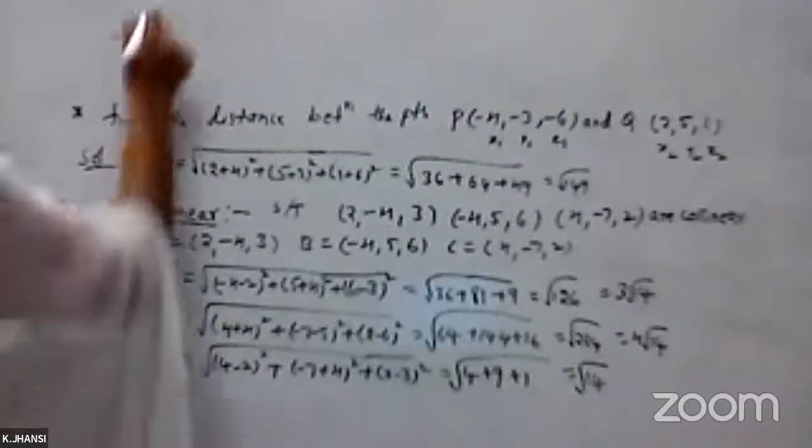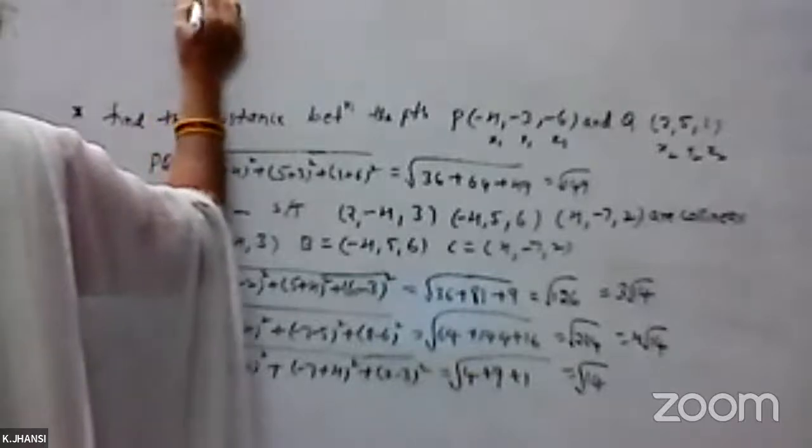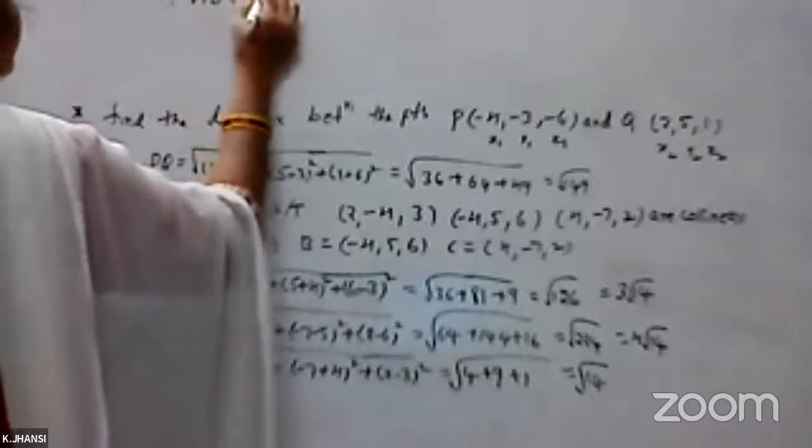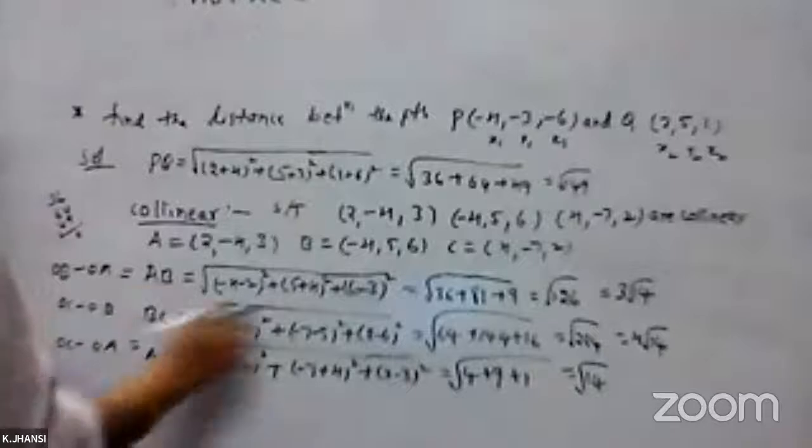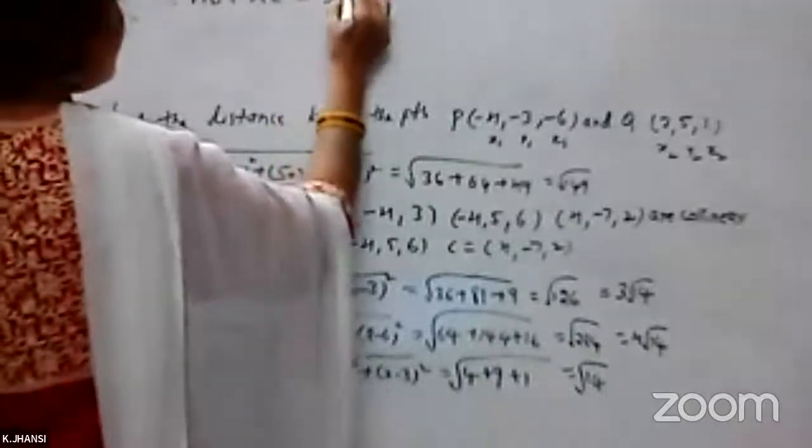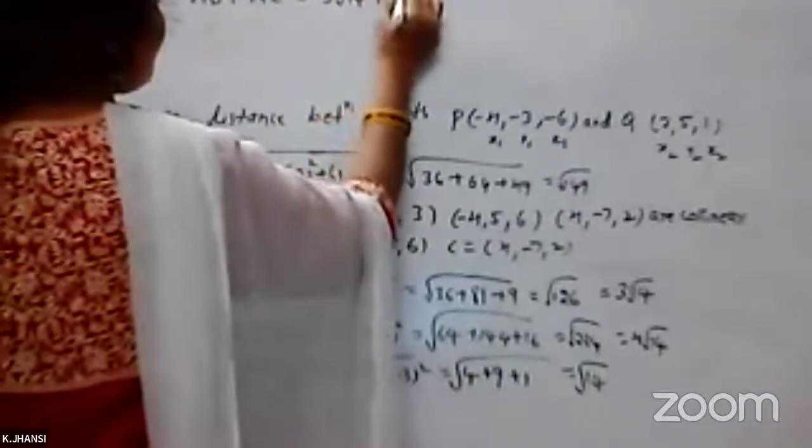So here AB plus AC is 3 root 14 plus root 14.